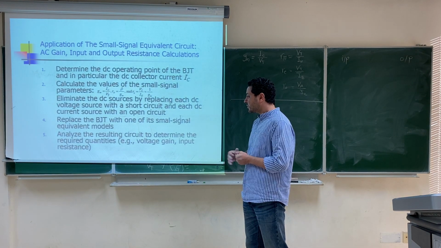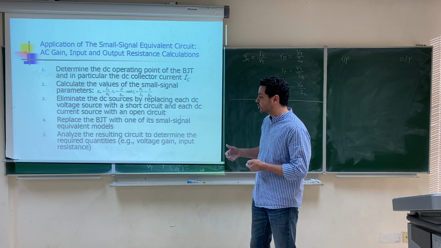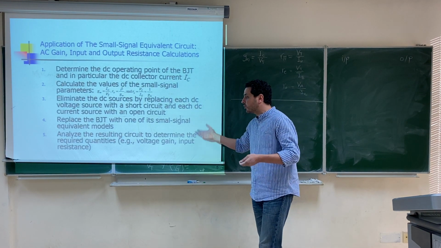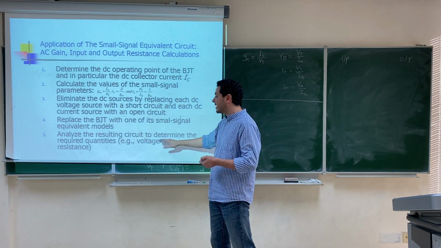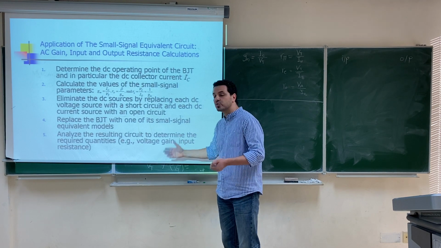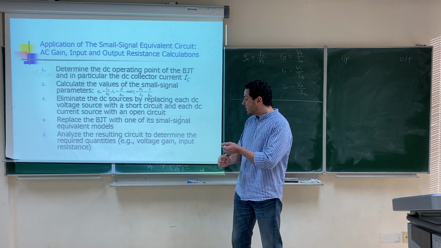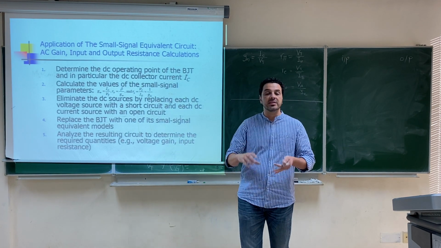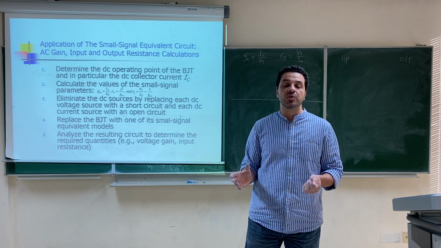So you replace the bipolar junction transistor with one of the models, either the pi or the T model, and then you analyze the circuit to determine the required quantities, which are usually the gain, the input resistance, the output resistance, and so on.